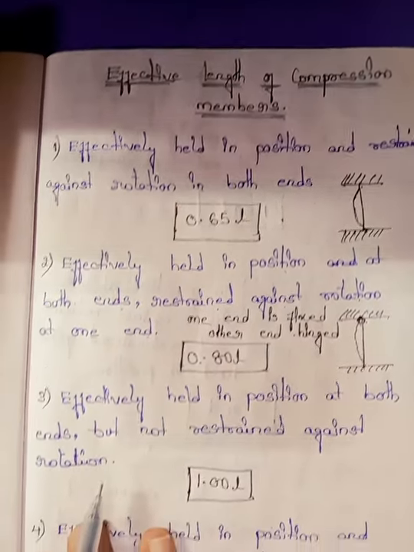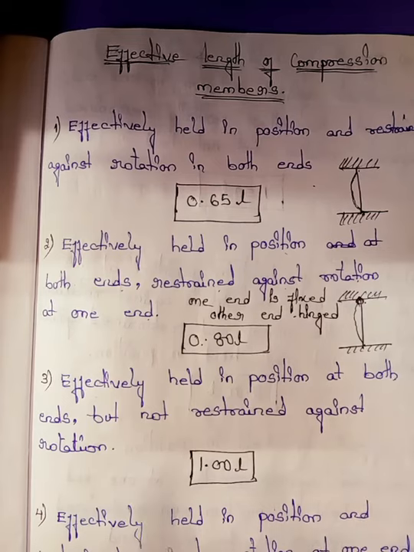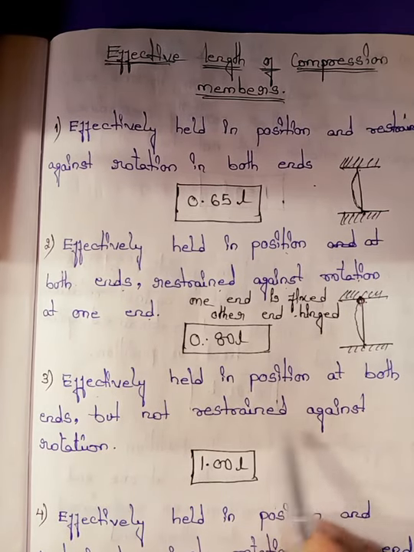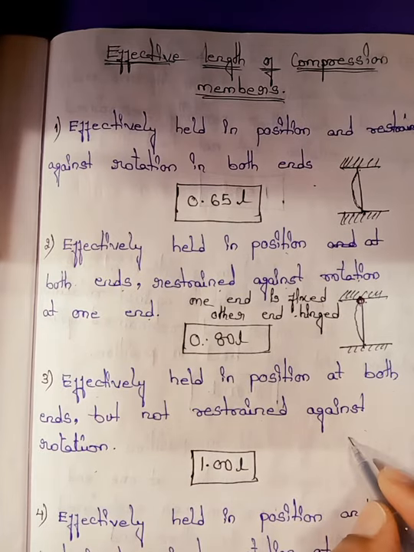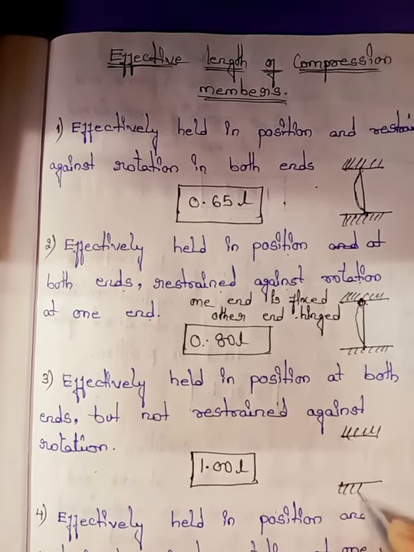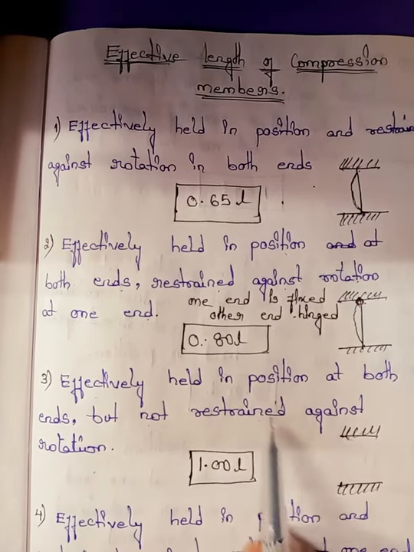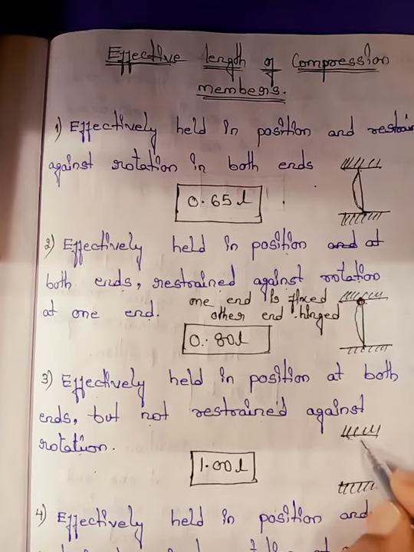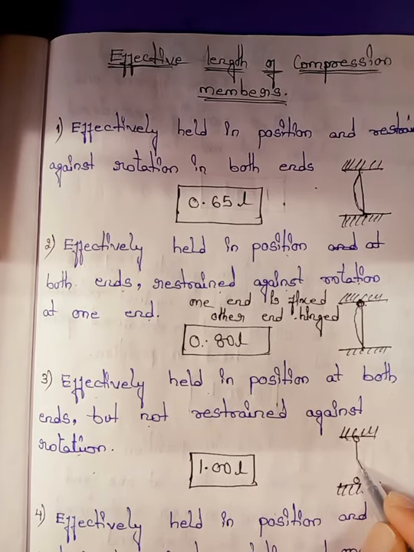Moving to the next case: effectively held in position at both ends but not restrained against rotation. It is held in position in both the ends but not restrained against rotation. So it is hinged.